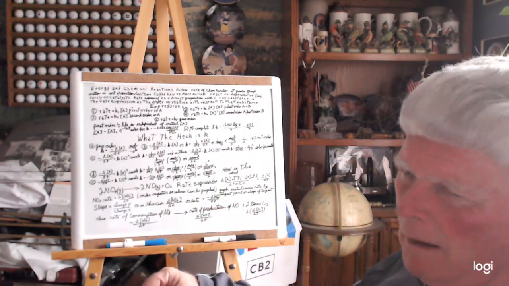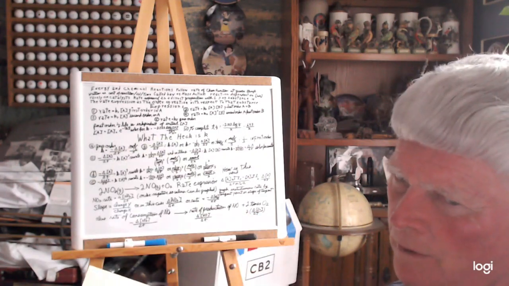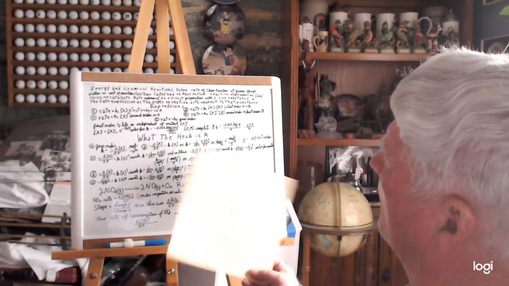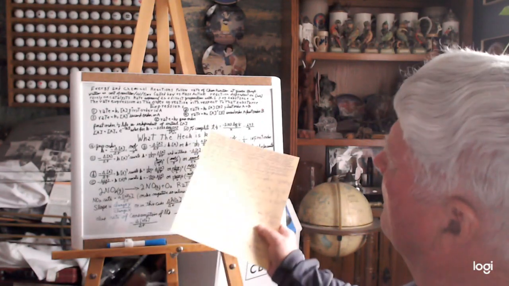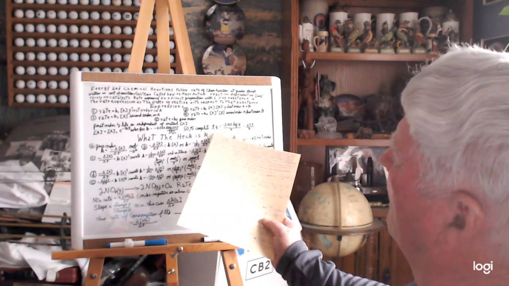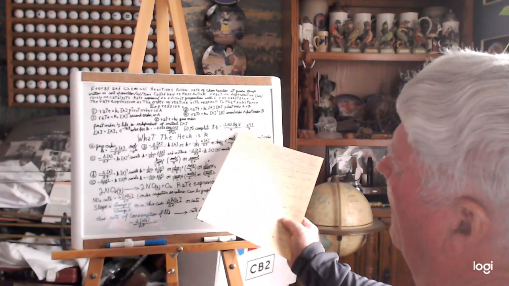That's what the natural log is. Times the concentration of A over the initial concentration of A. And if it's 50% complete, that would be a half-life. Thus, the half-life time is equal to minus 2.303 log of 1/2 over K.